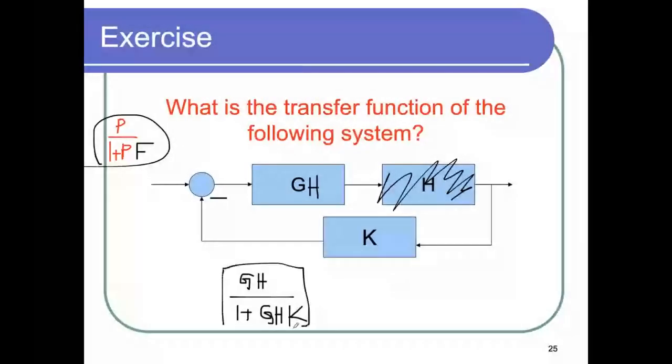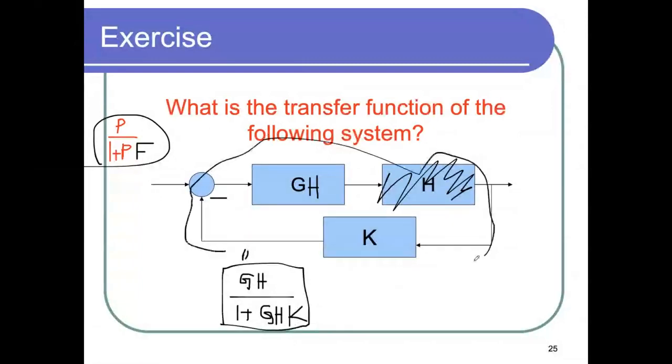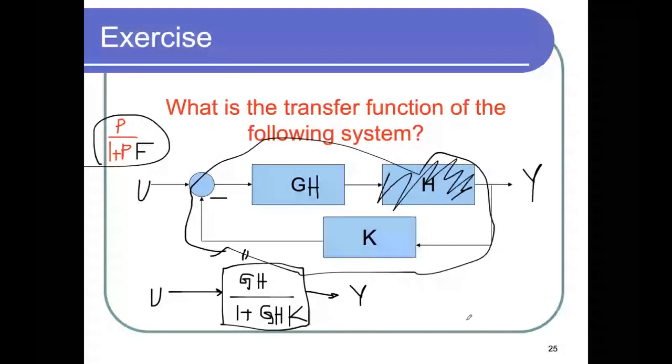If you can't tell me, tell me that you don't know, or you can tell me what it is. So it is GH over 1 plus GHK.